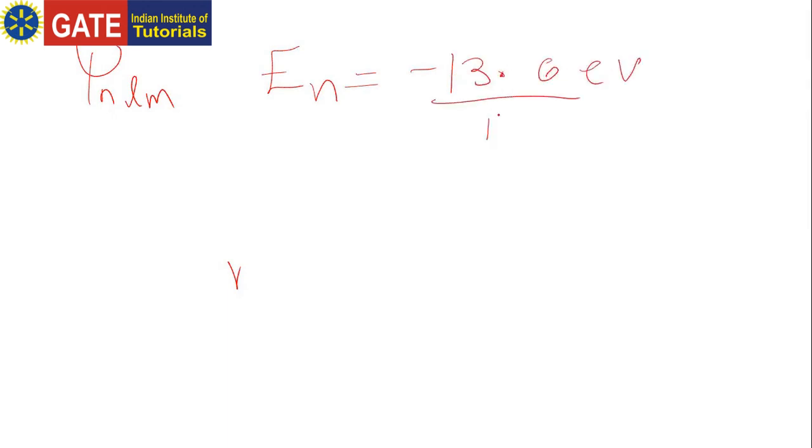Let psi NLM be the basis state of an electron in the hydrogen atom, with energy En equal to minus 13.6 electron volt by n square.